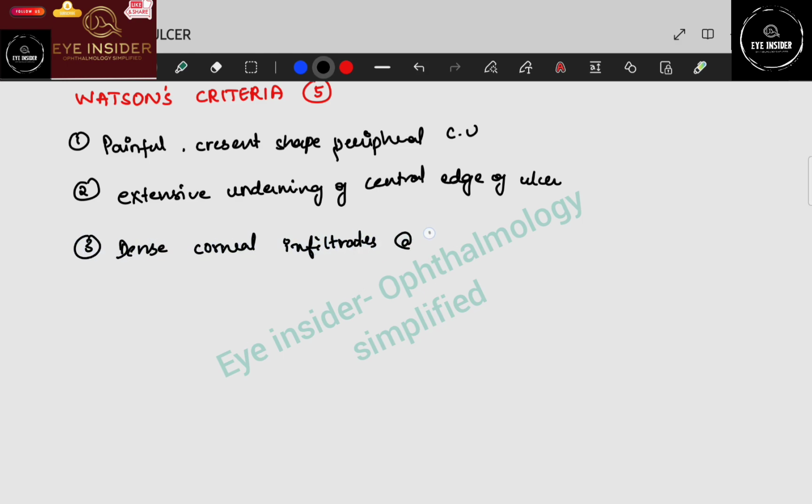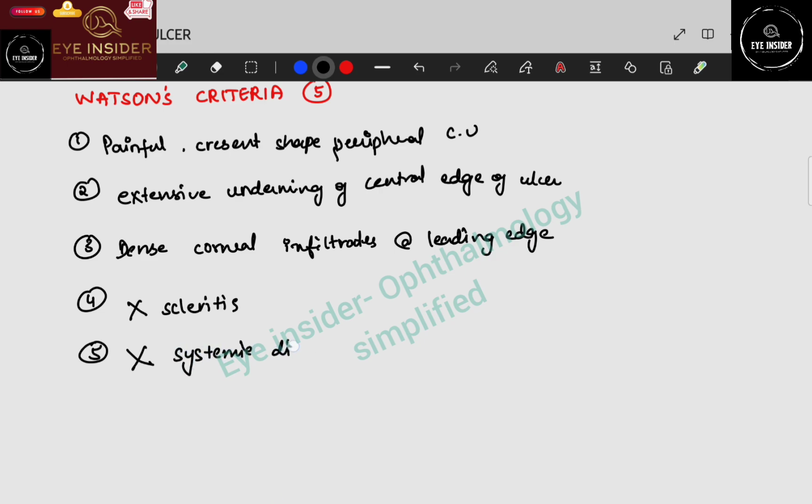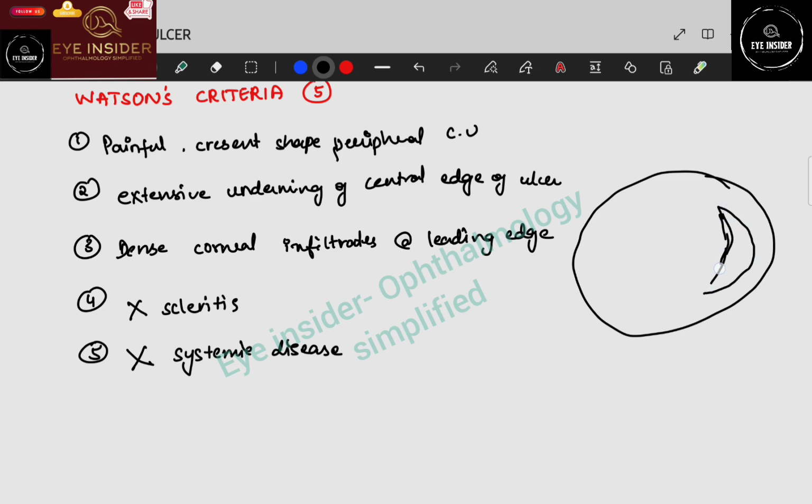There should be no scleritis and no systemic disease. Right? So these are the 5 things in the criteria to diagnose a Mooren's ulcer. Number 1, it is a painful, crescent-shaped one in the periphery of the cornea. Number 2 is extensive undermining of the central edge. There are infiltrates, no systemic disease, and no scleritis.